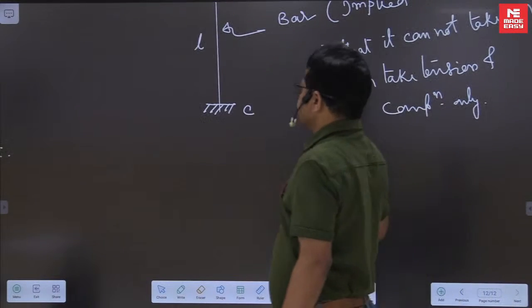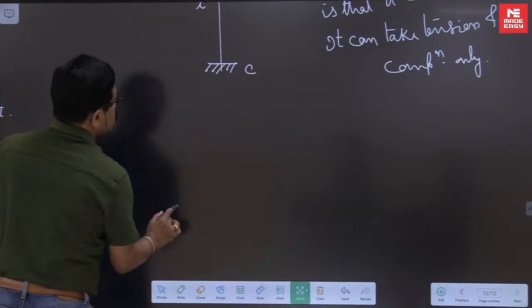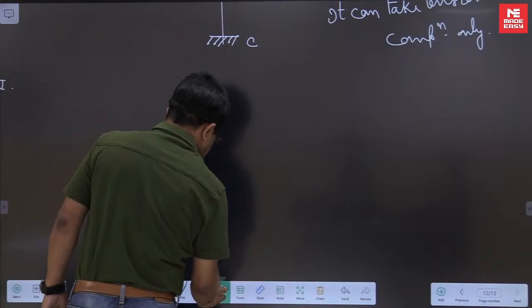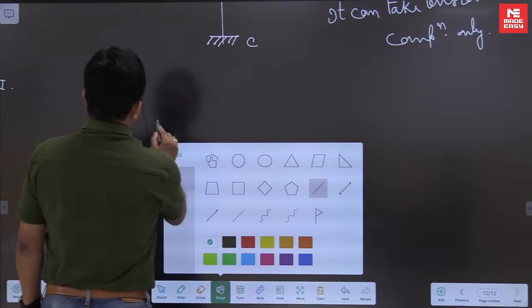Now, how will it deflect? Because now that you have understood the meaning of bar, how will it deflect?